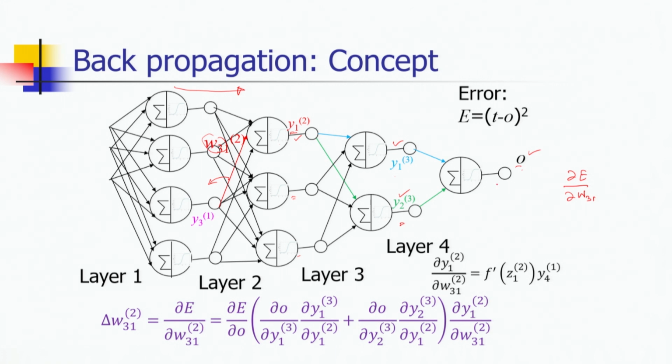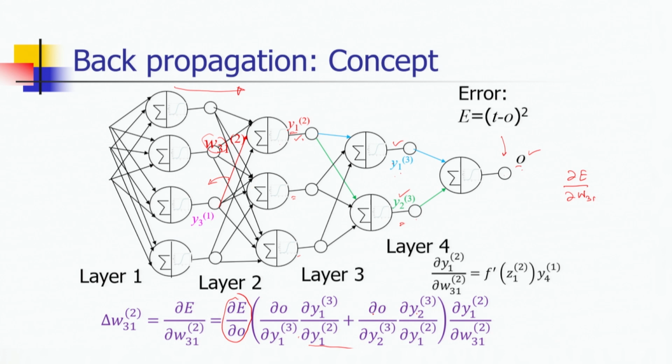These computations have been shown here. You see how this is propagated. You first compute delta E by delta O, that is this part. Then when you are accumulating here, you compute delta O with respect to delta Y13 and delta Y13 with respect to delta Y12. Similarly, delta O with respect to delta Y23 and delta Y23 with respect to delta Y12, and these two gradients are added here.